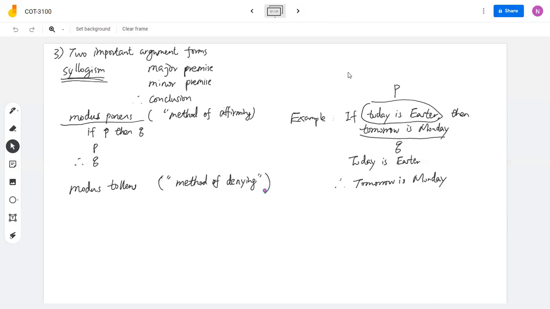And the form looks like this: the first premise is if P then Q, and the second is not Q. So what can you infer from this? Then you must have not P.